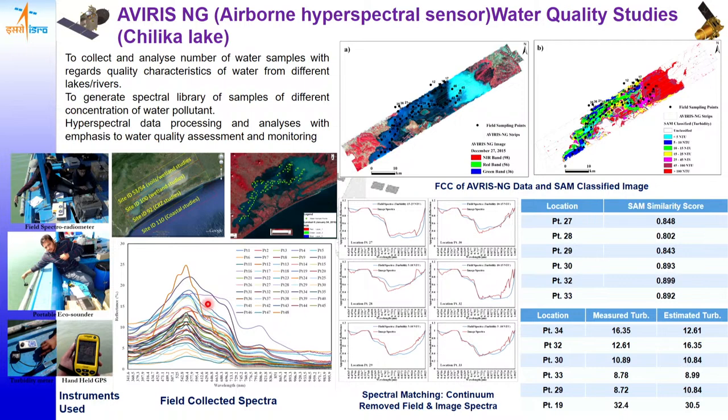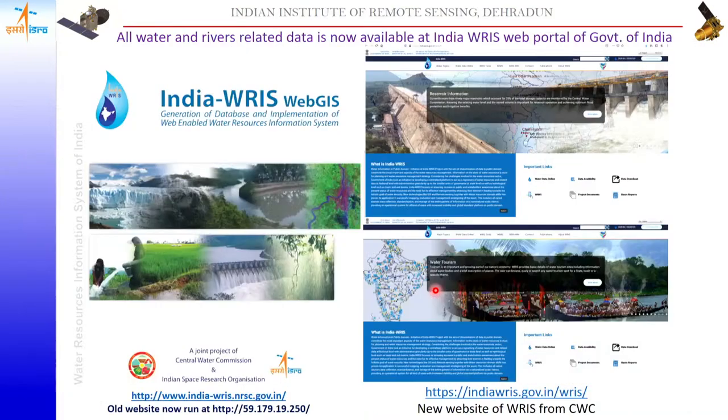So for example, in this case, all these effects of the turbidity which is coming from the sediment laden water in Chilika lake, it is getting very much reflected, and this relationship is developed between the turbidity and the reflectance, and it can be automated by using such kind of data sets.